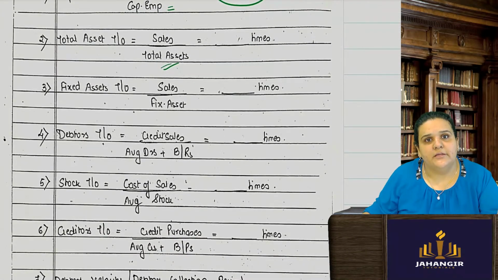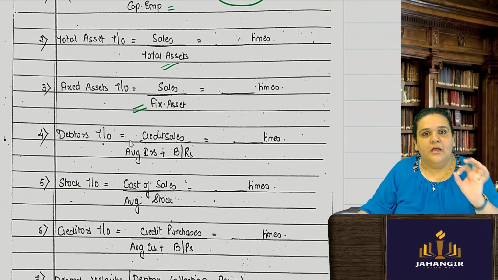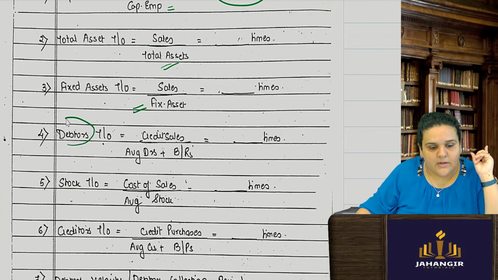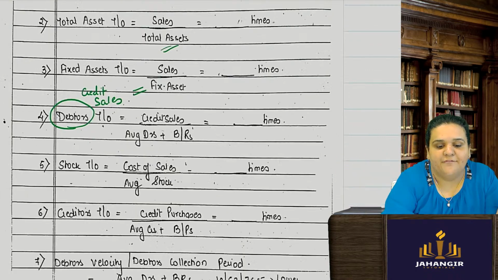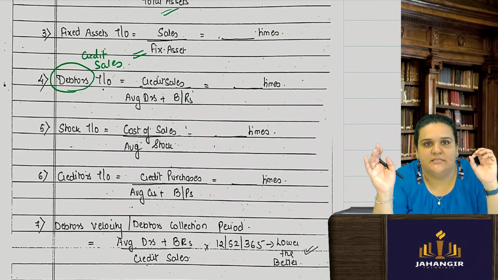Fixed asset turnover ratio, it's very easy to remember these. Sales upon fixed assets. Debtors turnover ratio will be credit sales. I will generate debtors only if there is a credit sale. If there is cash sales, there is no debtors. So, credit sales upon average of debtors plus bills receivable.